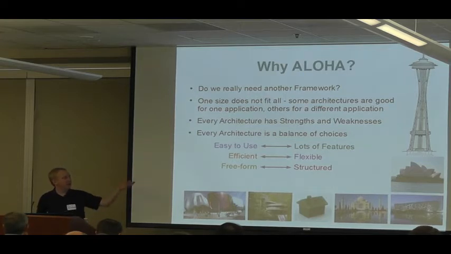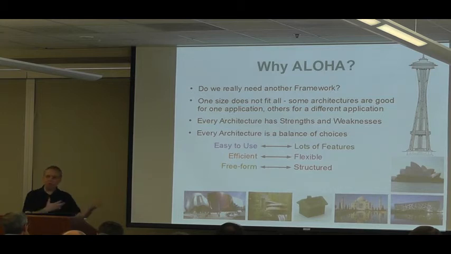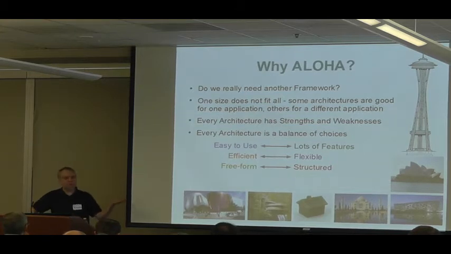So you've got these balances between ease of use or lots of features, and free-formed and structured, and all those kinds of decisions that you make that determine the kind of architecture that it is. And I guess the point of the pictures here is, in the world there are many different types of architectures, and many of those are very specific use, and there's room for all of them.